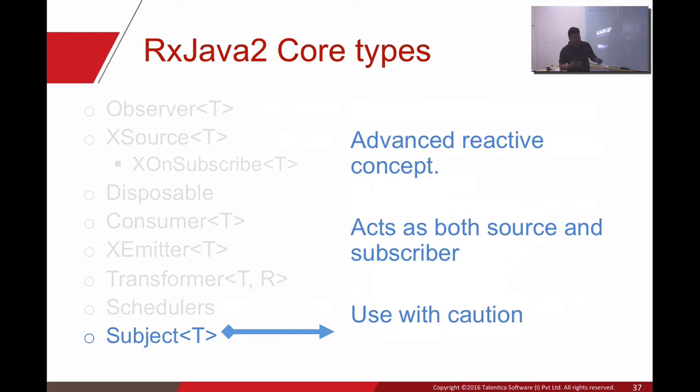Subject and all. If you want to just start using RxJava in Android applications, just look at the first two or three types and you're good to go. You can start. And by the way, that is the best way to learn RxJava. When I started it, I was going through the theories and I looked at, I don't know, like 50 blogs and some videos, Jake Wharton videos and other videos that had less than 20 views.